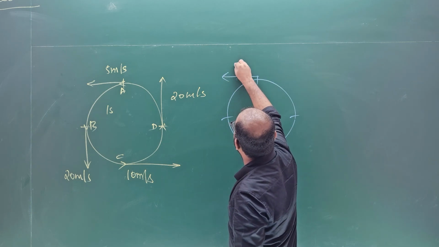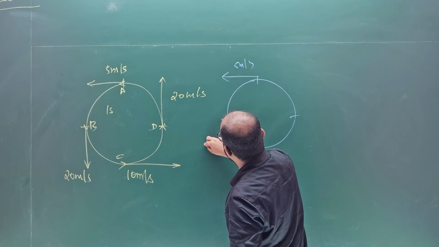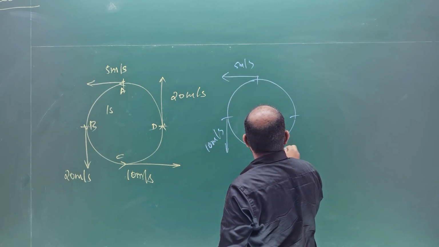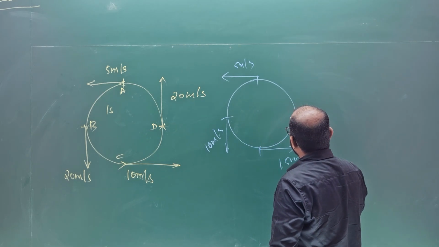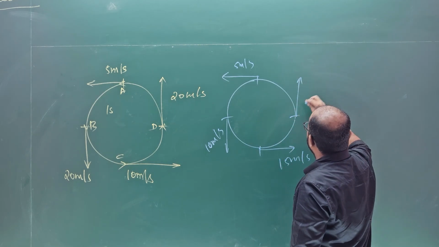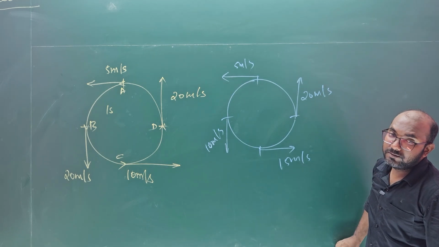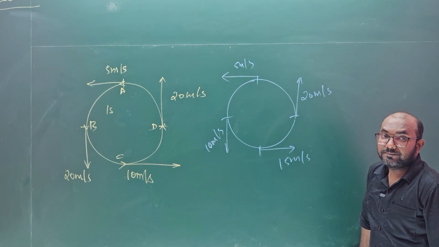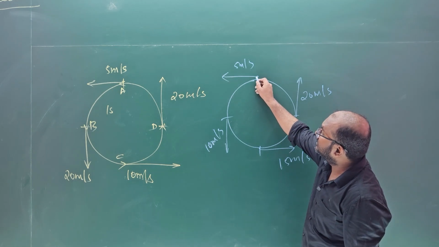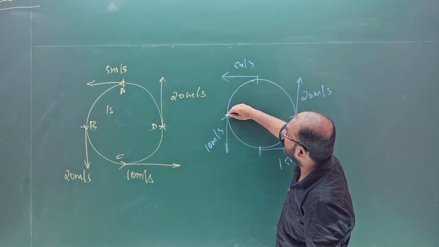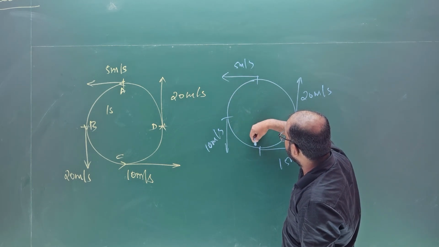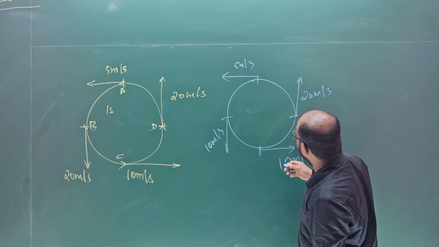Now similarly, if I say here in this direction 5 meter per second, and in this direction 10 meter per second, and in this direction 15 meter per second, and in this direction 20 meter per second, can I say that it is traveling with a uniform acceleration? Yes, because the change in velocity between these 2 points is 5, between these 2 points is 5, between these 2 points is also 5.